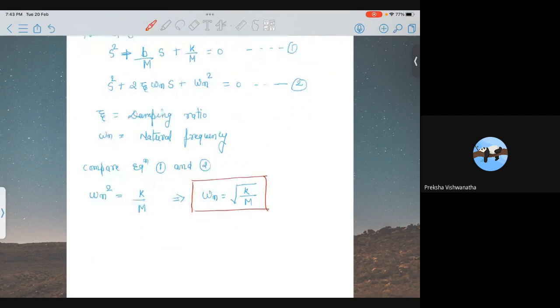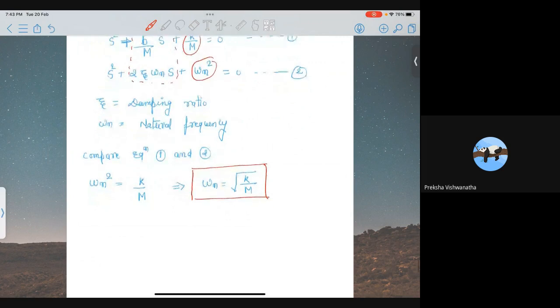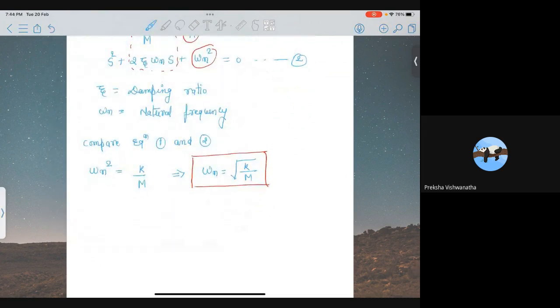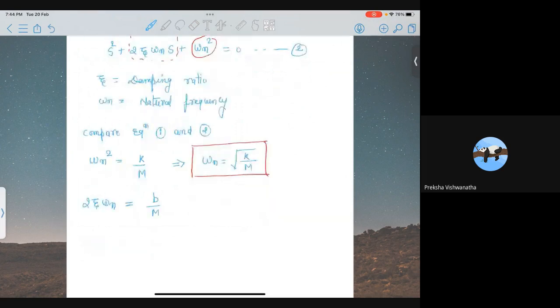Okay, now we have equated these two terms. Now we'll equate these two terms. So 2 zeta omega n is b by m, or zeta is b by 2 omega n m.